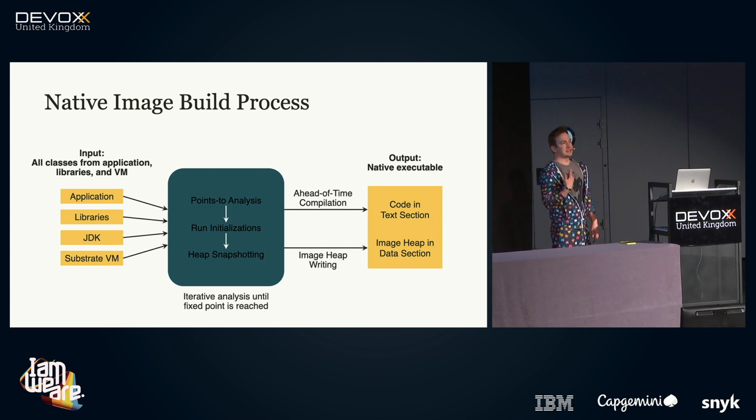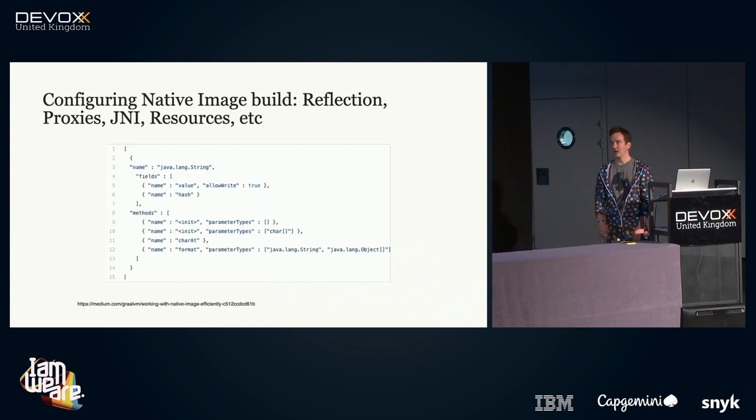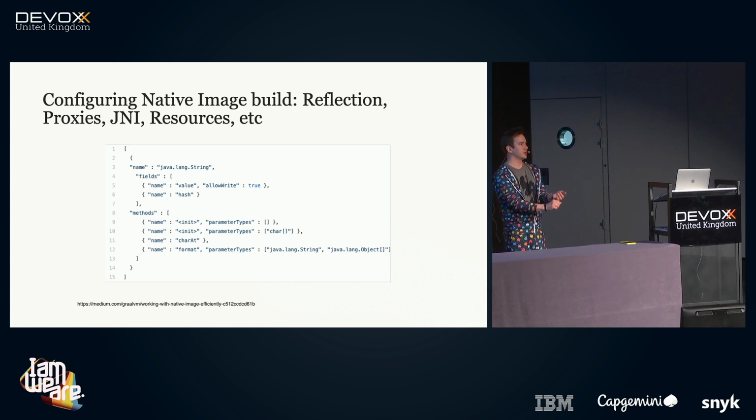Because the analysis is static, that means that certain features of the language require additional configuration. Namely, there are a bunch of things that happen dynamically at runtime. So things like reflection, things like JNI calls, things like generating proxies, things like using method handles, things like serialization, things like accessing resources, because they are accessed through, I don't know, class loader getResource instead of calling a method with a dot.